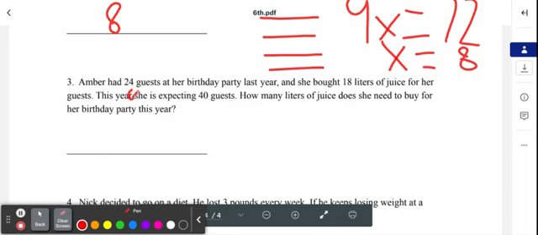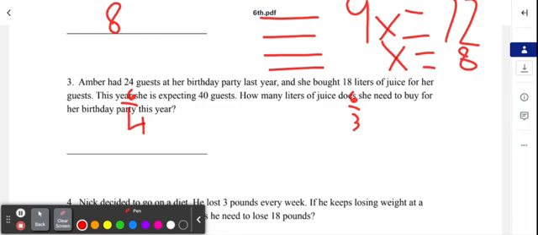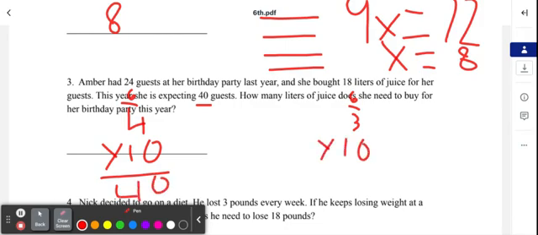You divide both by 6, and you get 4 and 3. So for 4 guests, you want 3 liters of juice, which means when you're expecting 40 guests, you multiply this by 10 to get 40 guests, and then you multiply this by 10 as well to get 30 liters. So that's your answer, 30 liters of juice.